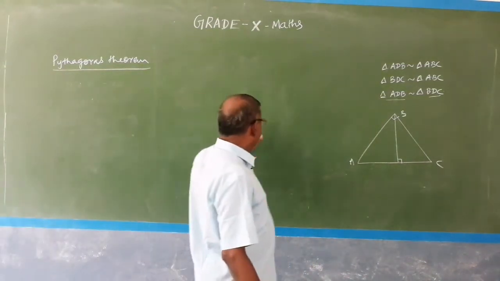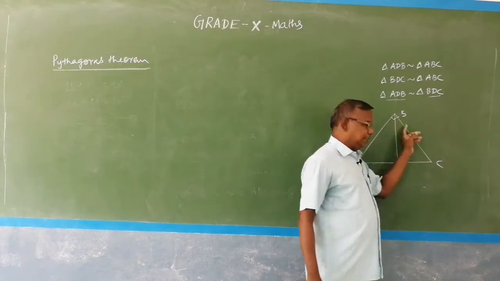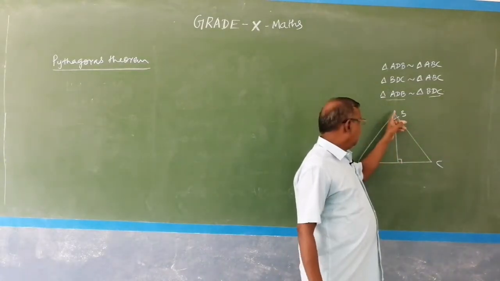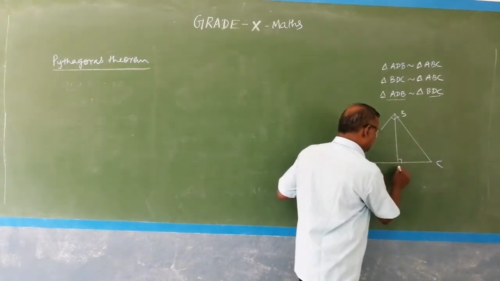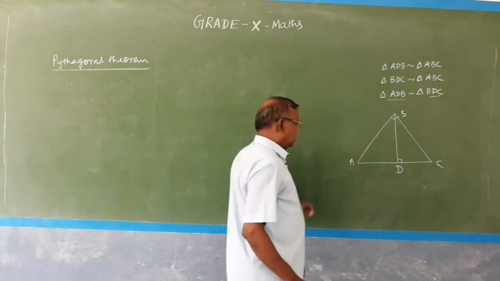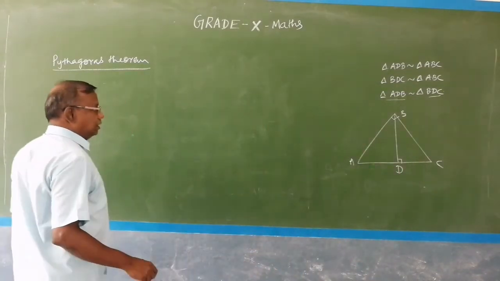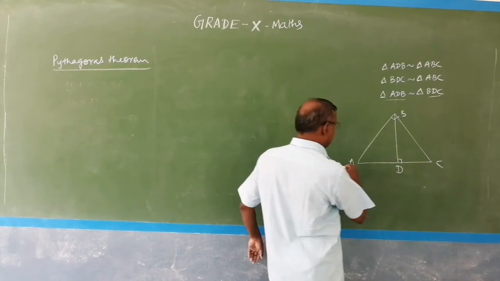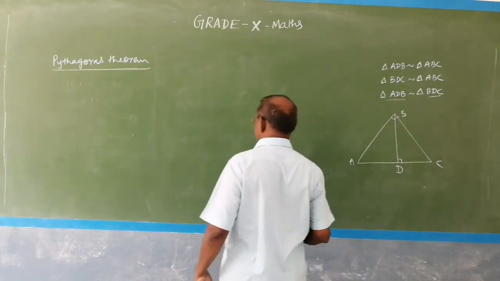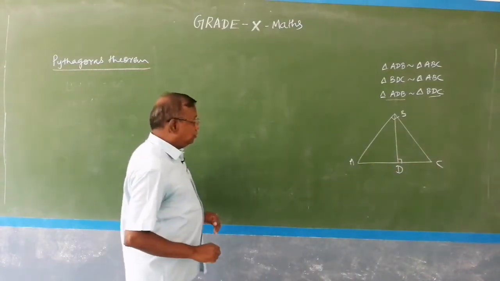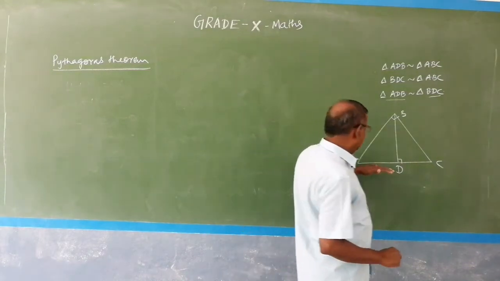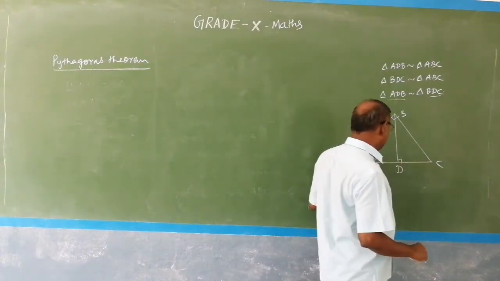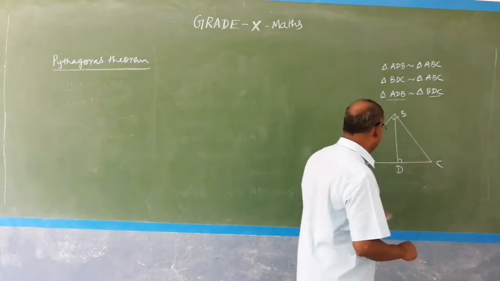Consider a right triangle ABC, right angle at B, and draw BD perpendicular to AC. Now, we know that triangle ADB is similar to BDC. We have to prove that the hypotenuse square AC square equals AB square plus BC square.